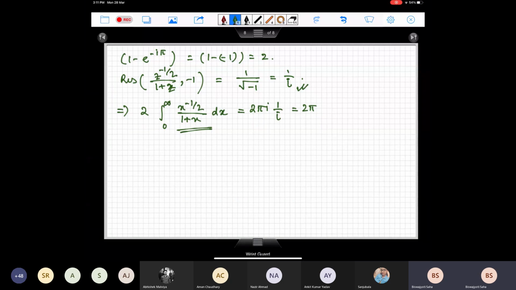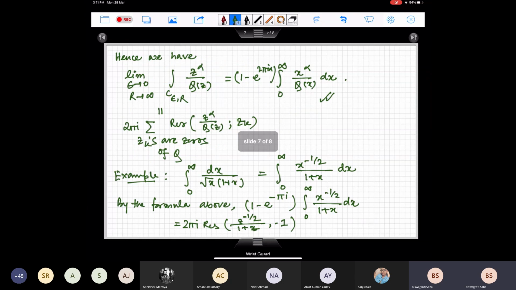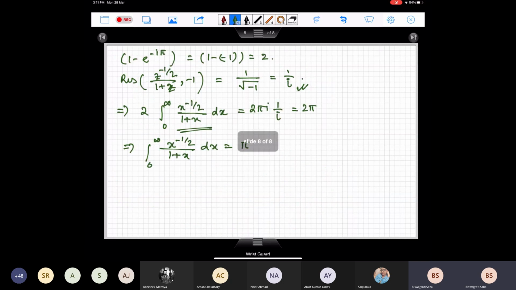So this implies the integral from 0 to infinity of x to the power minus half over 1 plus x dx is equal to π. Otherwise, you treat your alpha properly, and then with e to the power i alpha, you accordingly substitute your function, and you will get exactly which square root you are supposed to get, from the argument over there.